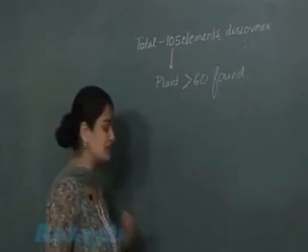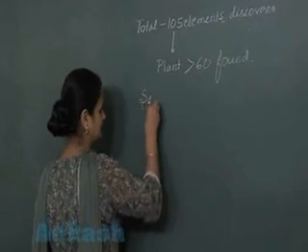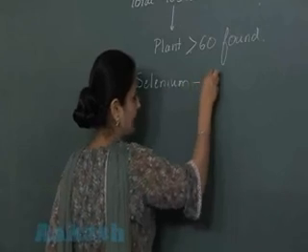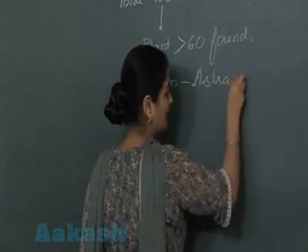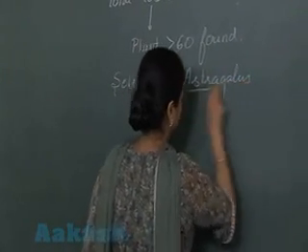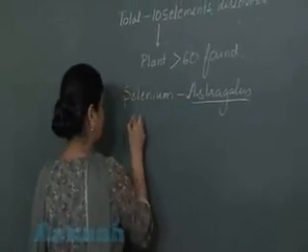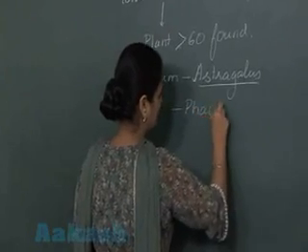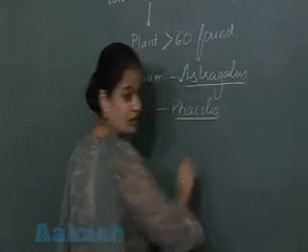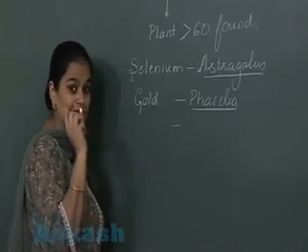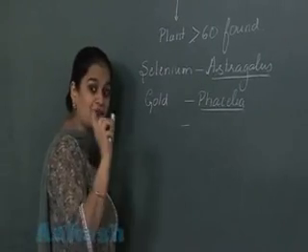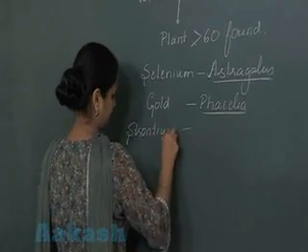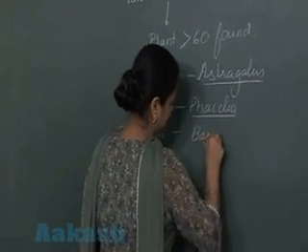Like some of the plants can accumulate selenium. The example for this is Astragalus species. Even some of the plants can accumulate gold. This accumulation is by the Phacelia. Even some of the plants can accumulate radioactive elements like strontium. This is by the barley.